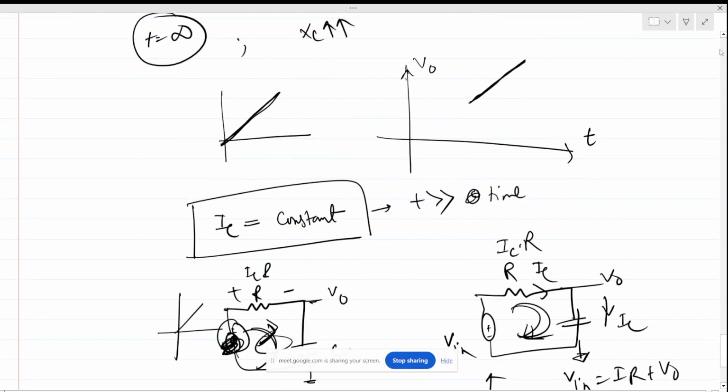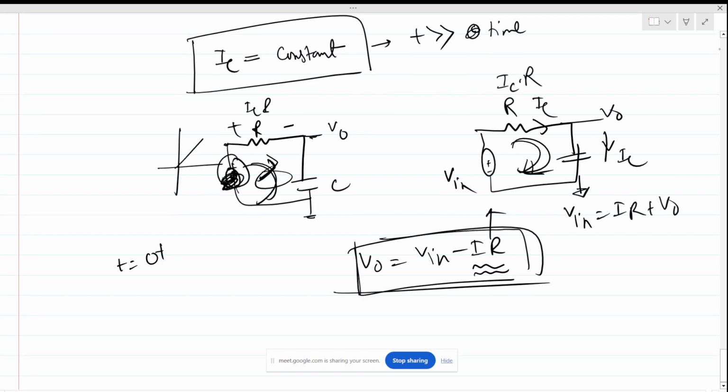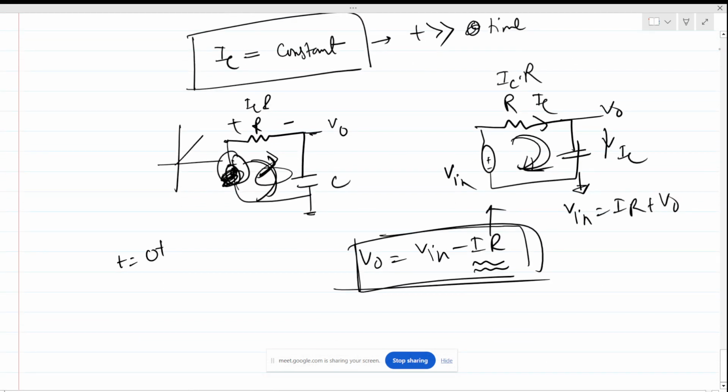Now we know the capacitor indicates the current. At t equals 0 plus, what is the current? Current is nothing but V in by R, because the capacitor is shorted.